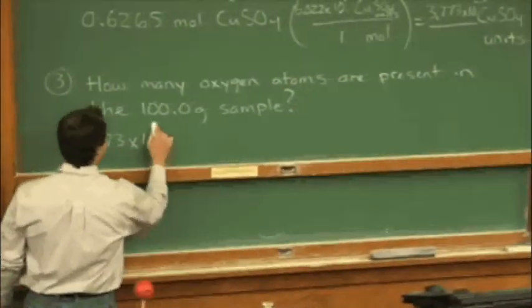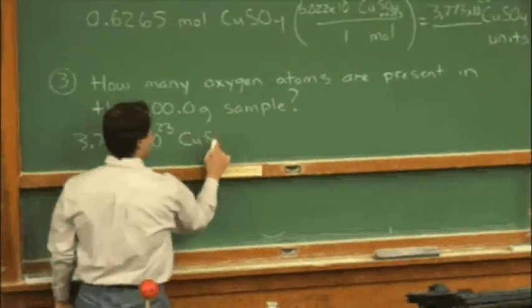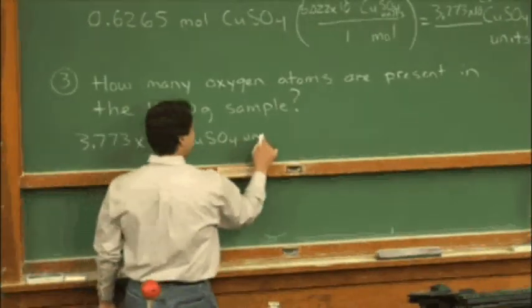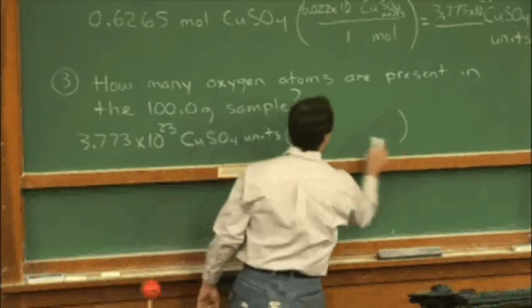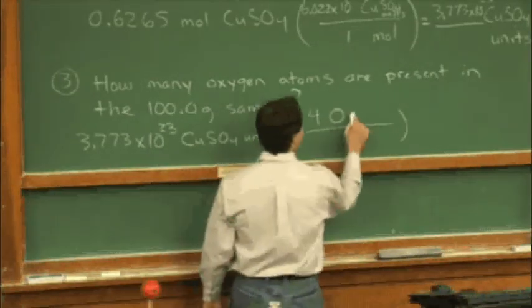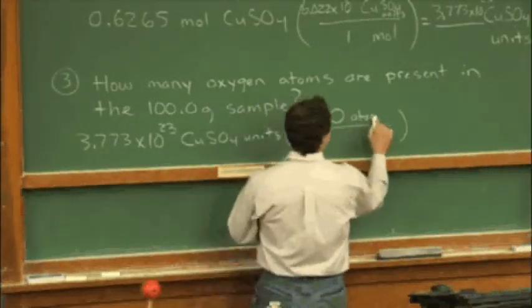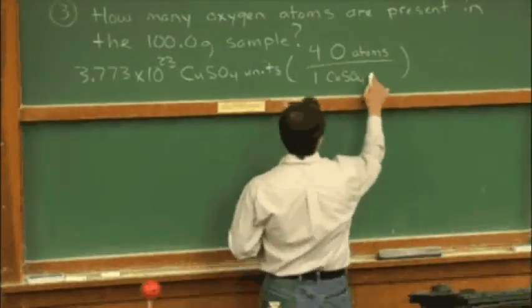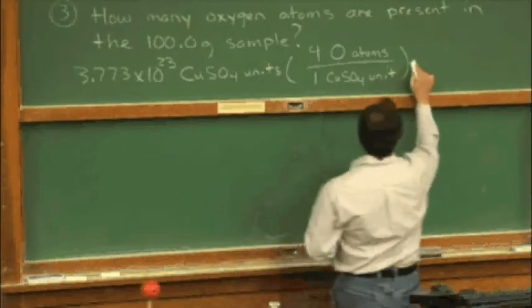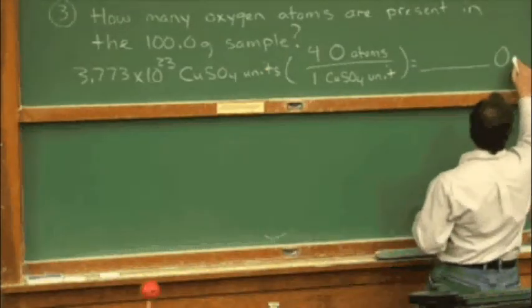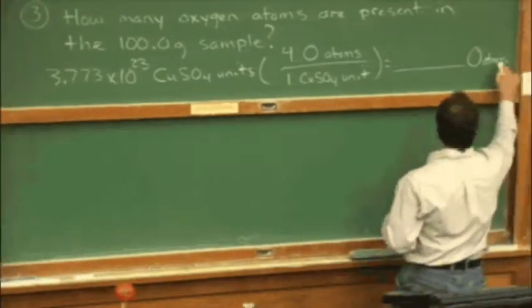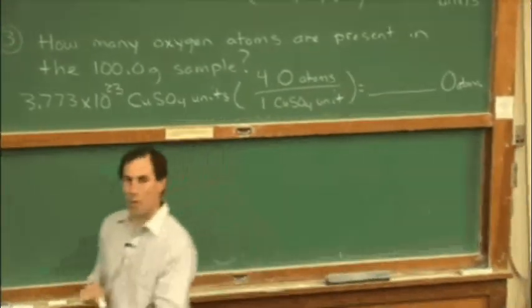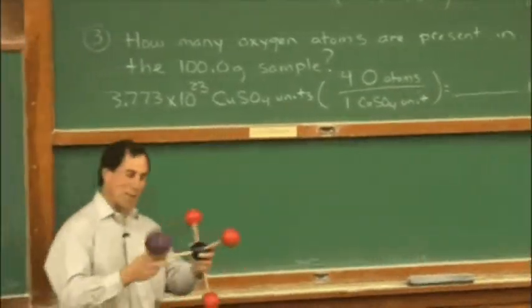So we have 3.773 times 10 to the 23rd of these copper sulfate units. We have 4 oxygen atoms in every 1 copper sulfate unit. Let me hold this model up just one more time, drive home this concept.